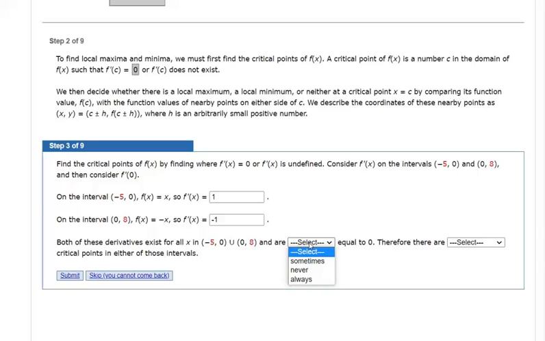Both these derivatives exist and are never equal to 0. The derivatives are never equal to 0. It's always 1 or -1. Therefore, what's going on here? Critical points.